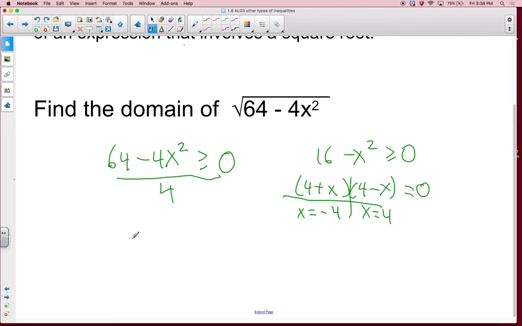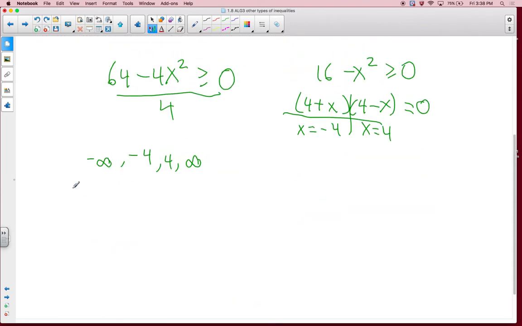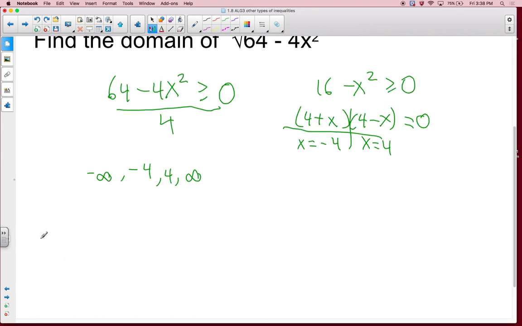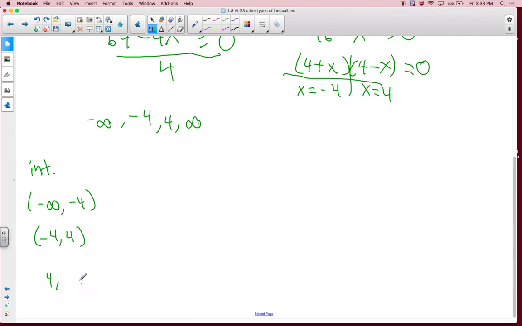We write them from least to greatest, including negative infinity and positive infinity. And then we will write the test intervals. So our intervals will include negative infinity to -4, -4 to 4, and 4 to infinity.